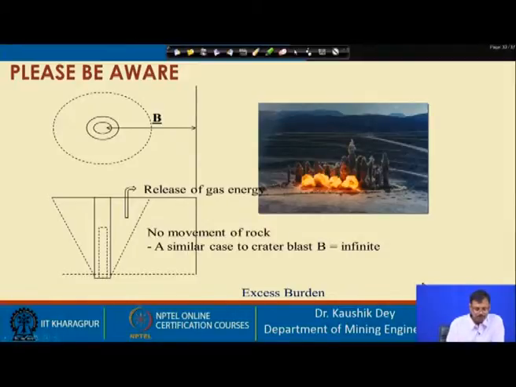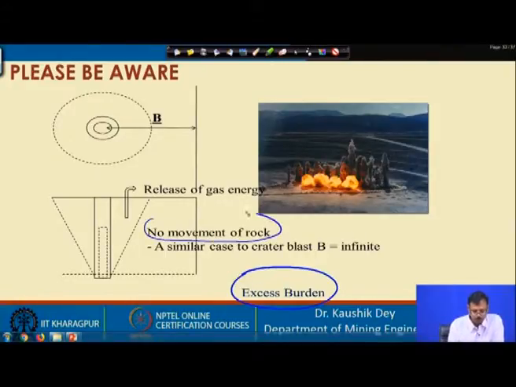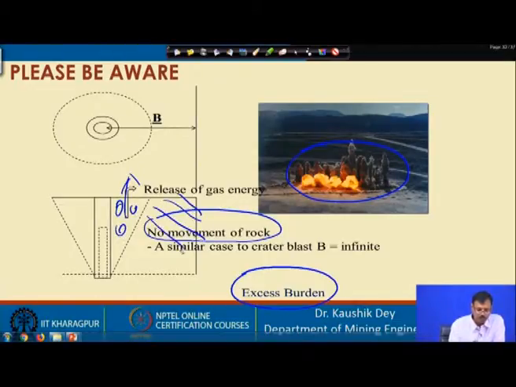If the burden is excessive, then the rock will not move and gas energy will be released in the upward direction. So, you can see a similar situation where the fragmented rock will be thrown in the upward direction only in this part, and unbroken rock will remain at this part.